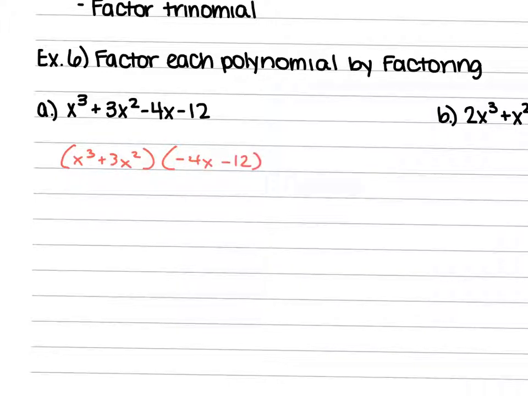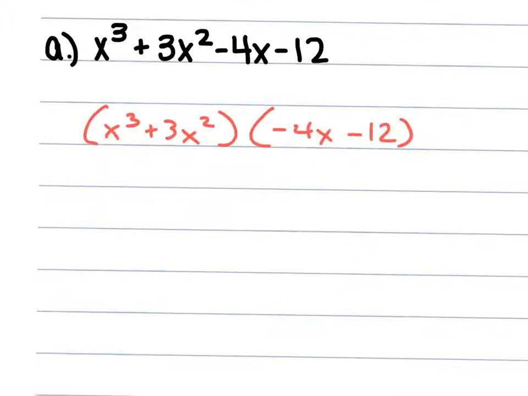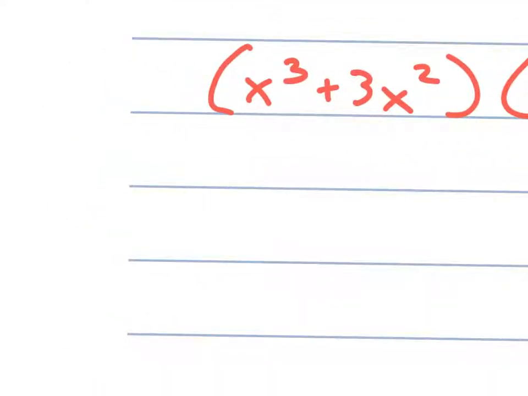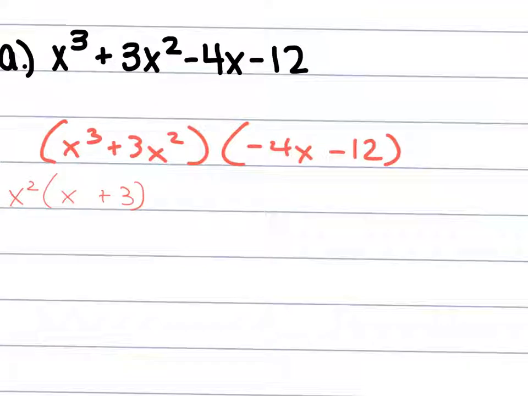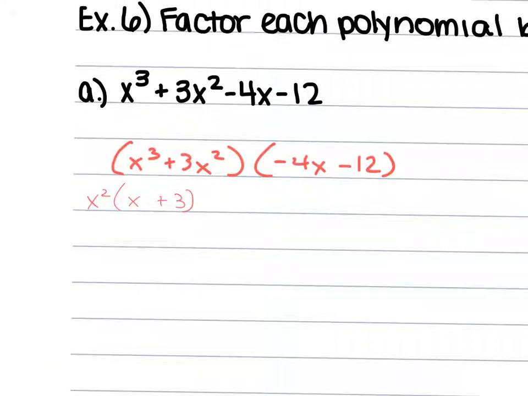We grouped them together, and we pulled out the greatest common factor. So the greatest common factor there would be what? x to the second power, leaving x and 3. We go to the other one. We pulled out the greatest common factor, which was negative 4, leaving x plus 3.